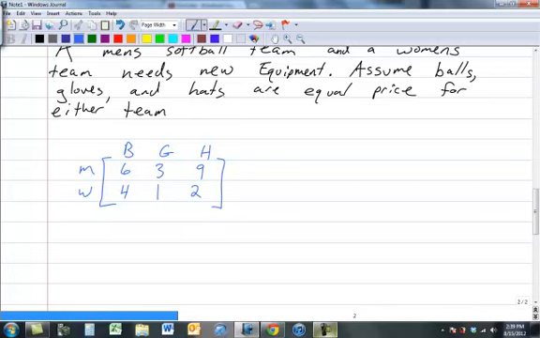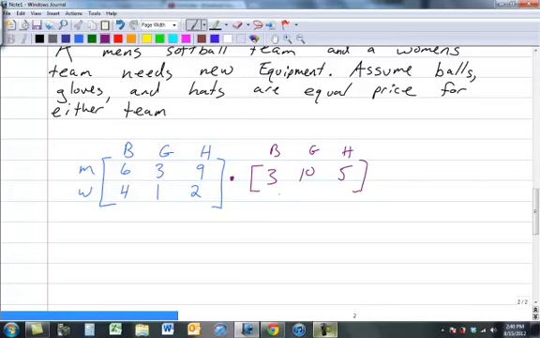Now here's the thing, if we were going to multiply this by the cost, let's say balls, gloves, and hats, don't write this part down yet. Let's say balls cost, I don't know, $3, gloves are $10, and hats are $5. The thing is, if we were to multiply this, the way you would intuitively do it, this isn't a scalar, so we can't just multiply it by all of these, because there are different positions.